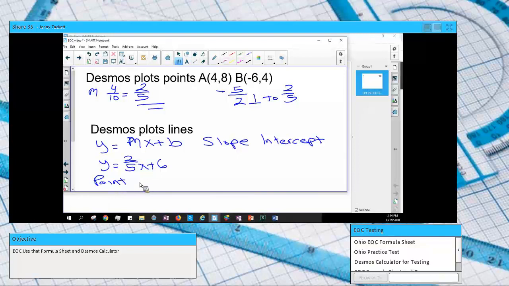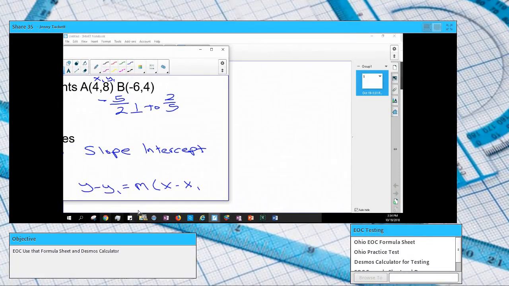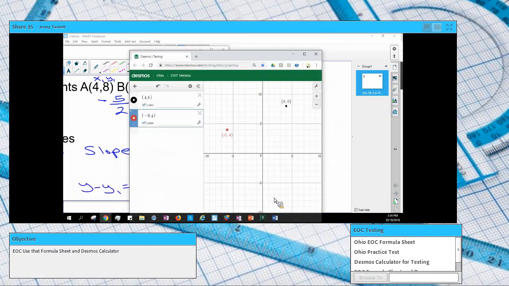So if you know the point slope formula, again, you're not given these, but you are learning them if you're taking algebra. I can literally type my equation in, and I can select either of these points to be my x1, y1. And I can key it in exactly as I wrote it right there.